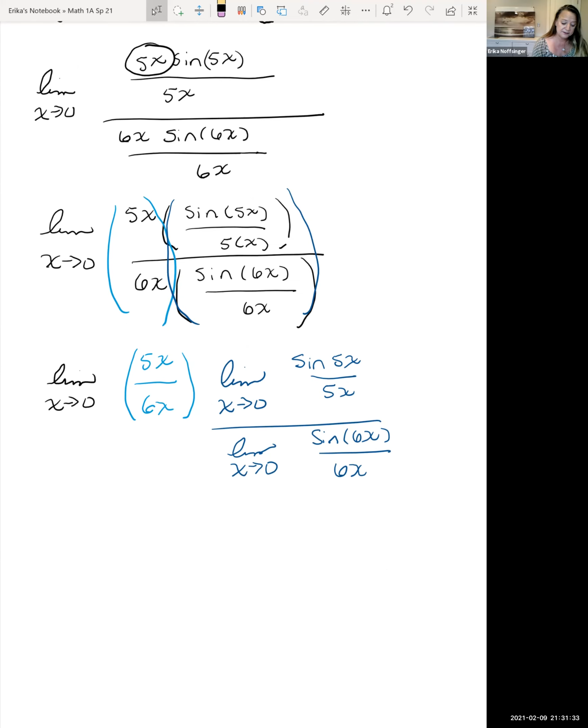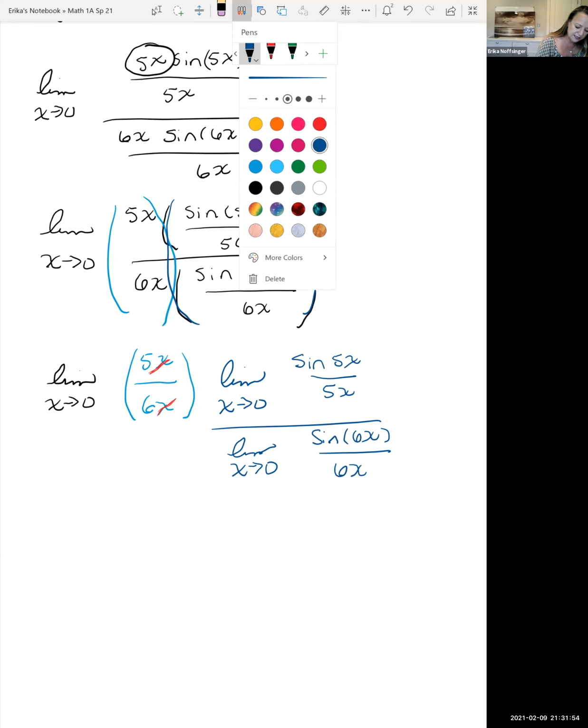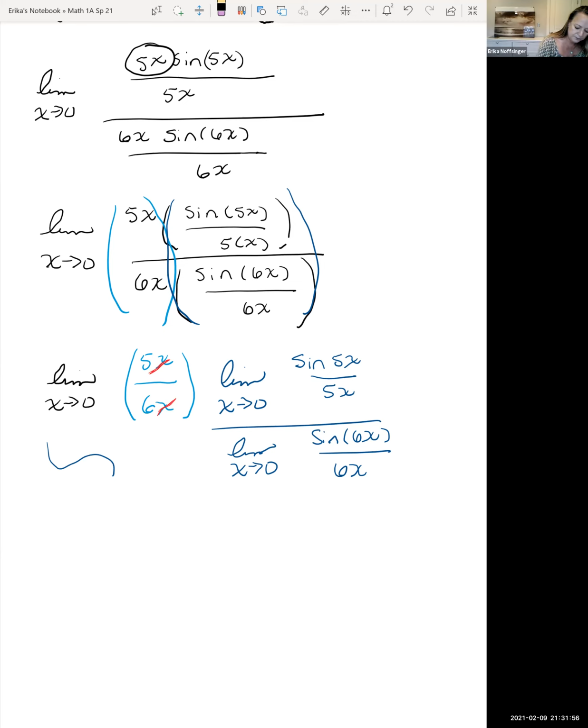Unfortunately, for that first piece, if I plug in 0 for x, I get 0 over 0. But notice there are two factors that cancel those x's. The limit as x approaches any number of a constant is just that constant, so the limit as x approaches 0 of 5/6 is 5/6.